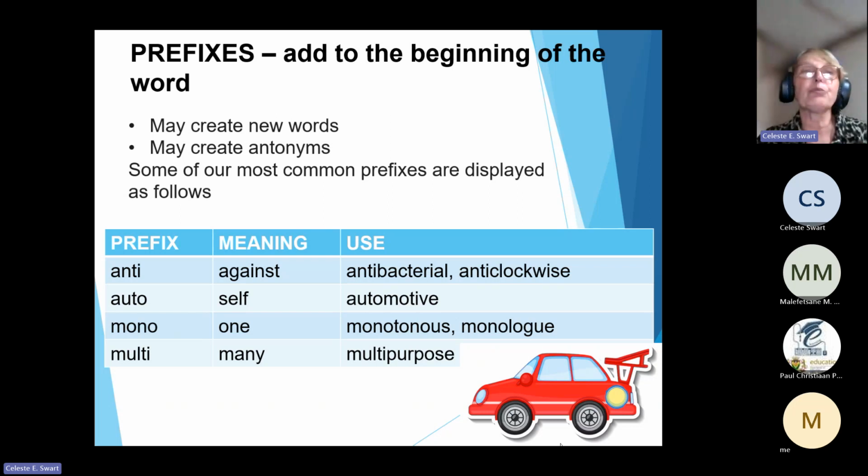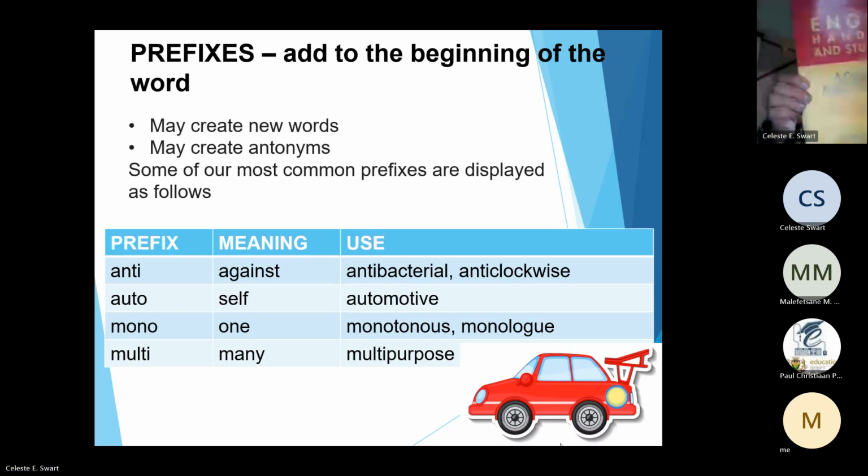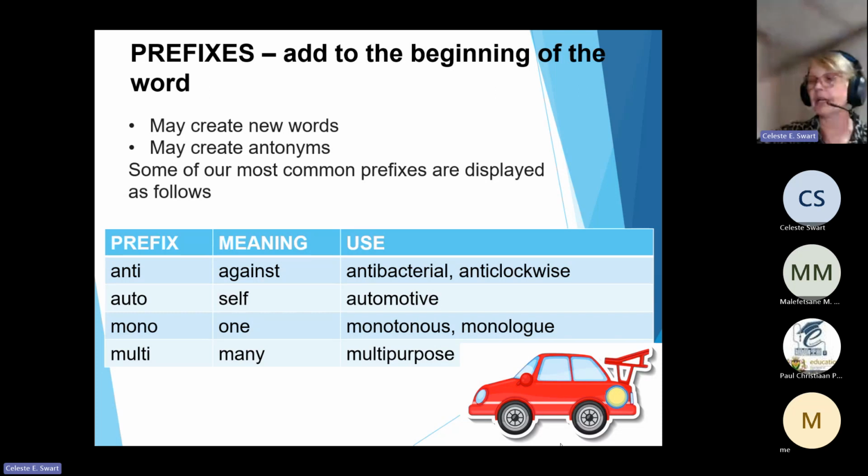Some of our most common prefixes are displayed as follows. And just to give you an idea, I want to show you the book. I'm sure you can all see it. This is our English, I can almost say our Bible, the English handbook and study guide that we use. On page 44, you'll find they show you the prefix, the meaning, and the use.